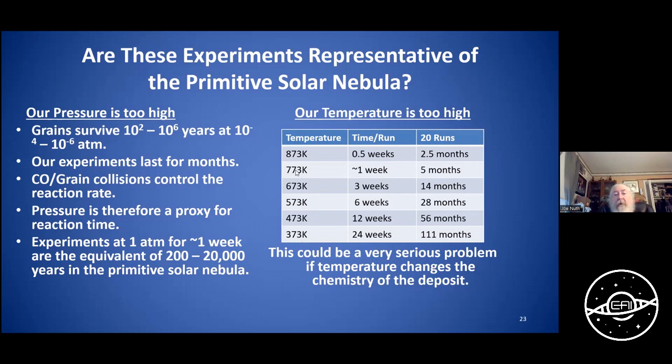At successively lower temperatures, so the 600 degree, 500, 400, 300, 200, if we were to do things basically at 373 K, it would take us 111 months, which is pretty much going on 10 years. Again, it's much too long to do these experiments. So we have to extrapolate to some degree.